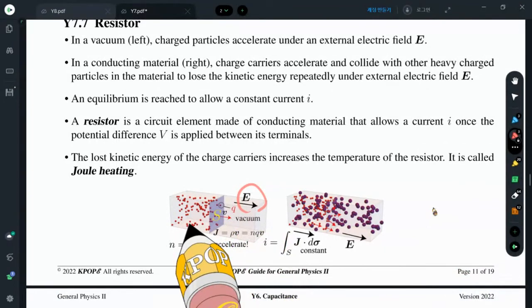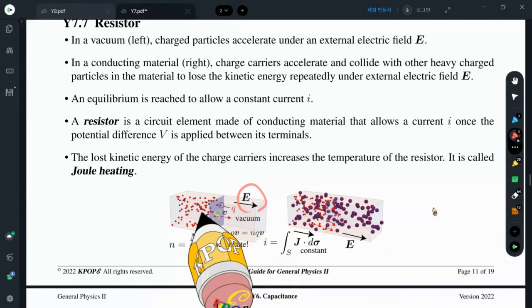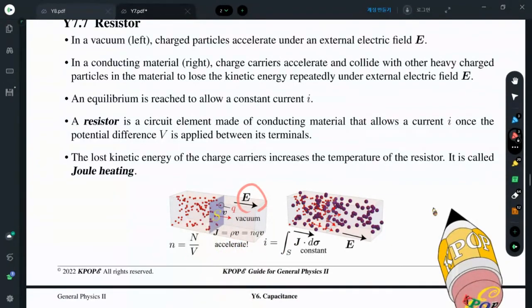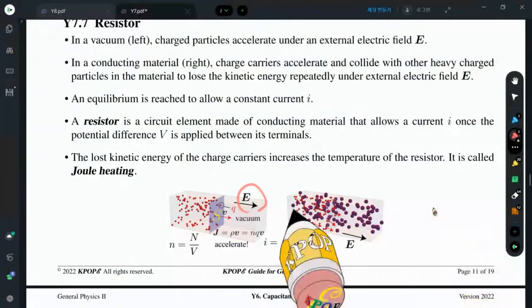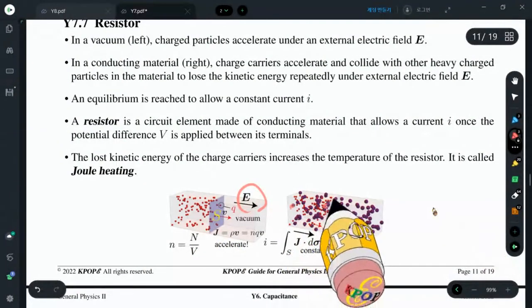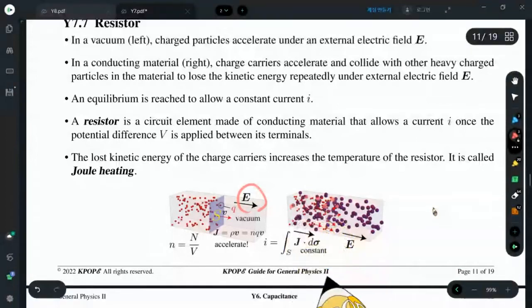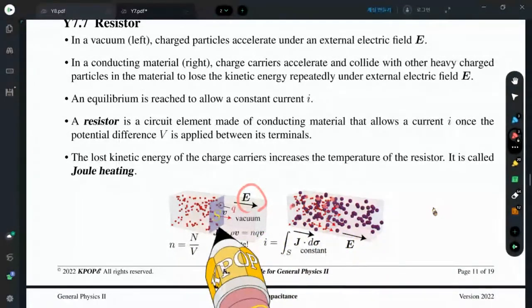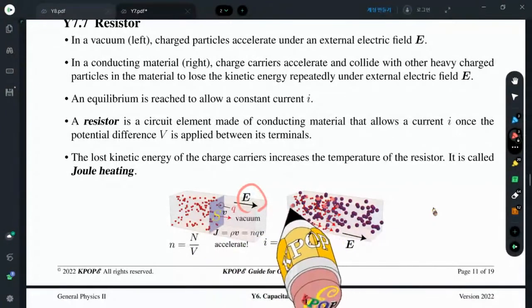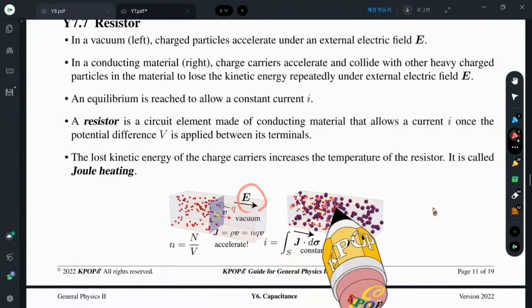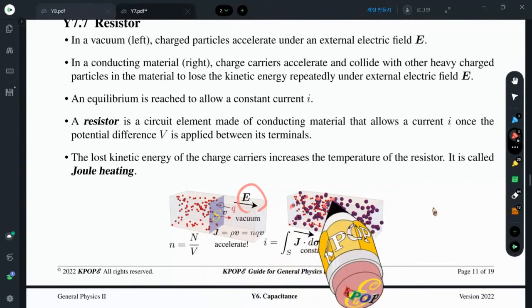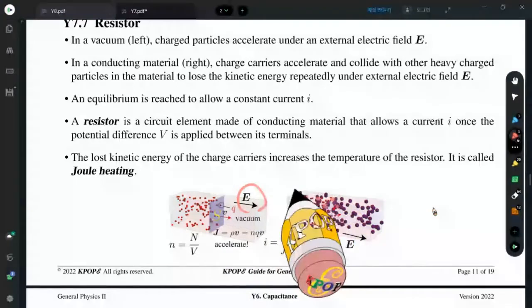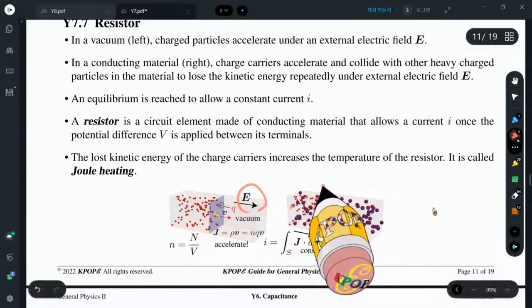However, in an actual situation inside a wire, unless it is absolute temperature 0, heavy particles are distributed over the space, and the electron, actually moving in the opposite direction, the accelerated charged particle hits the target particles and loses its energy, and acceleration stops.